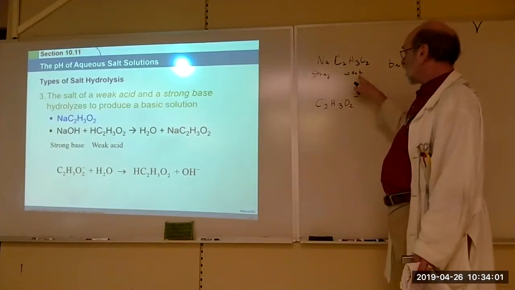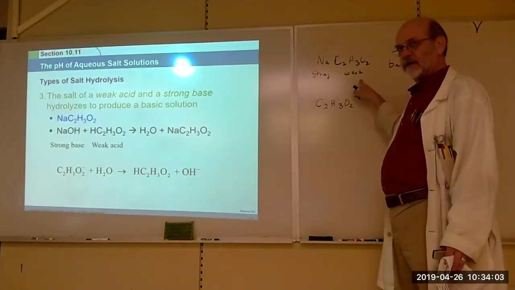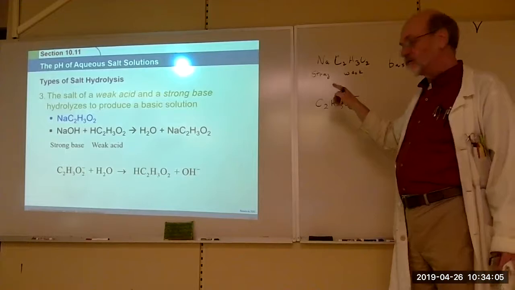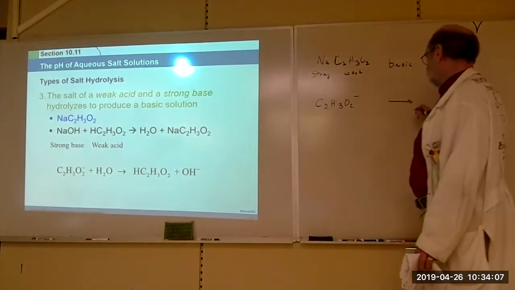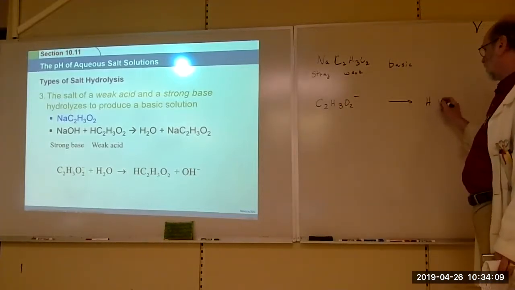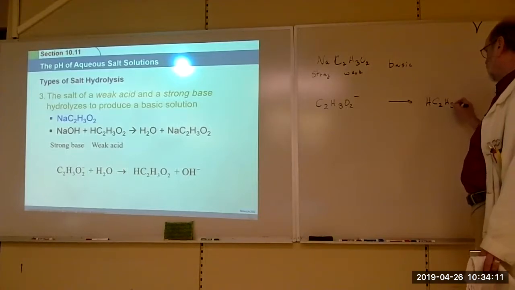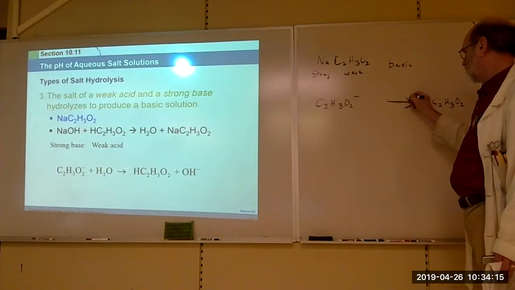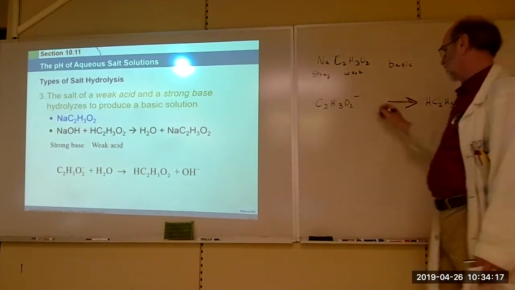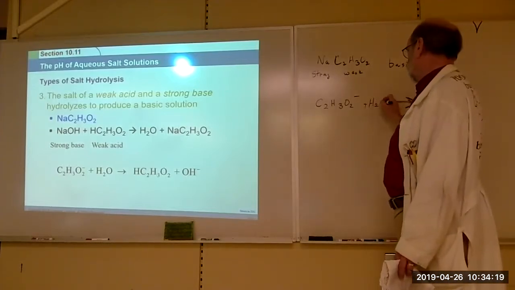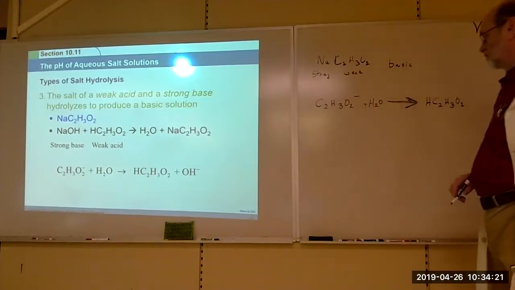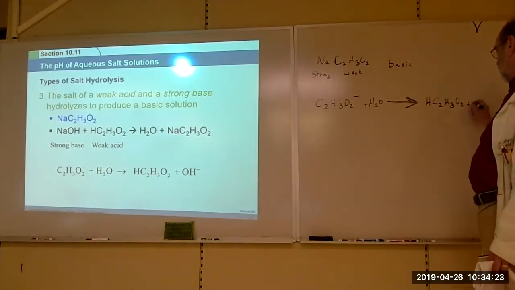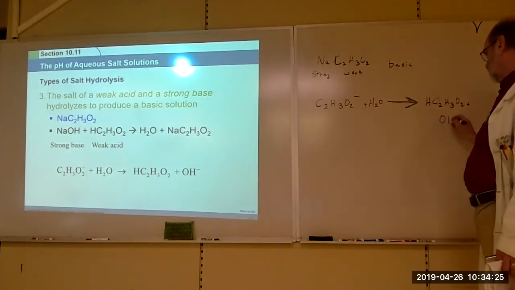If this is from a weak acid, its preferred form is this one. It wants to be here. So how does it get there? It takes a proton from water, and what's left over?